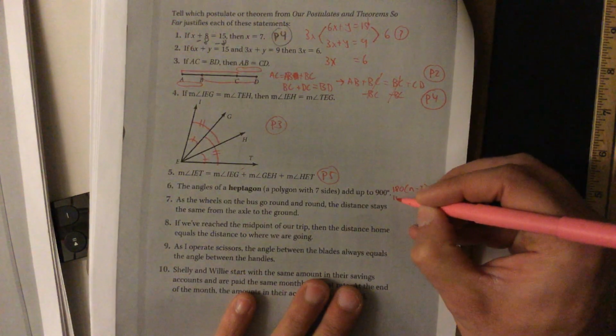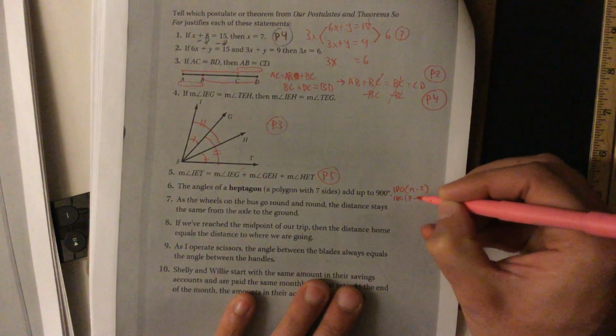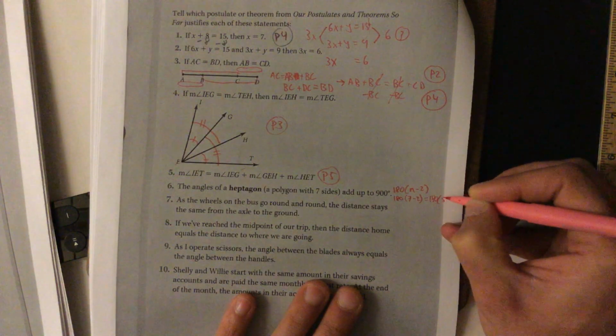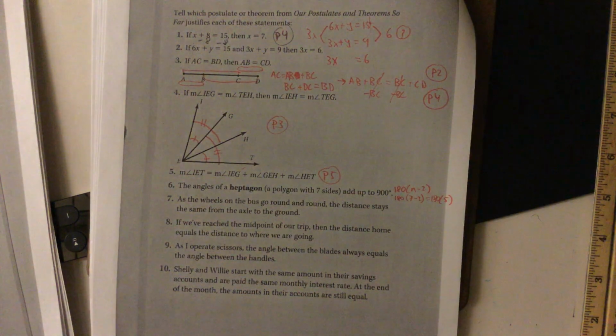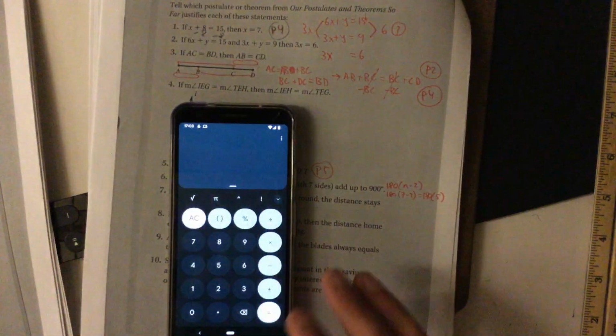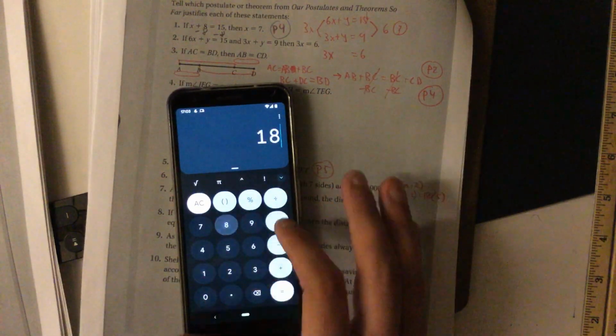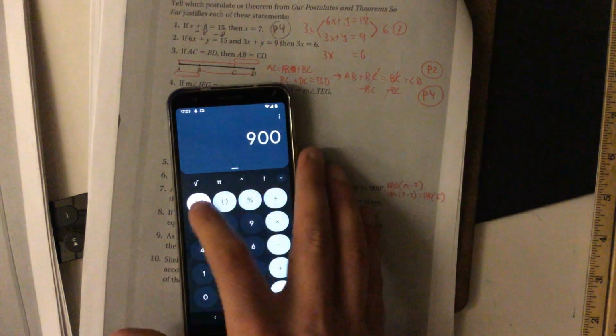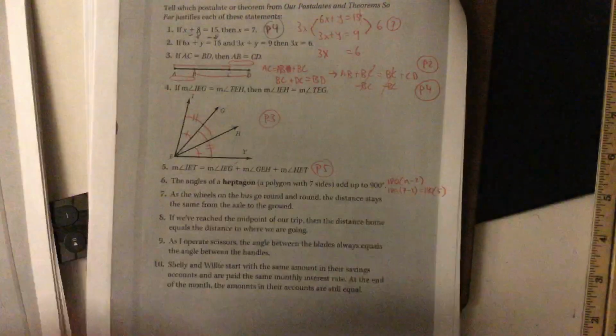So we do 180 times 7 minus 2, which is 180 times 5. I actually don't know that off the top of my head. I bet it's 900, but we can prove it. 180 times 5 is 900. Okay, great. And that was theorem 3.